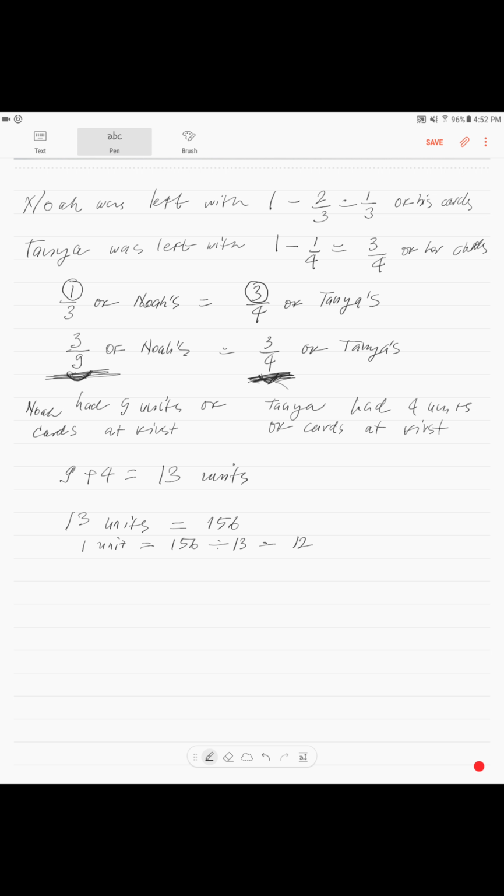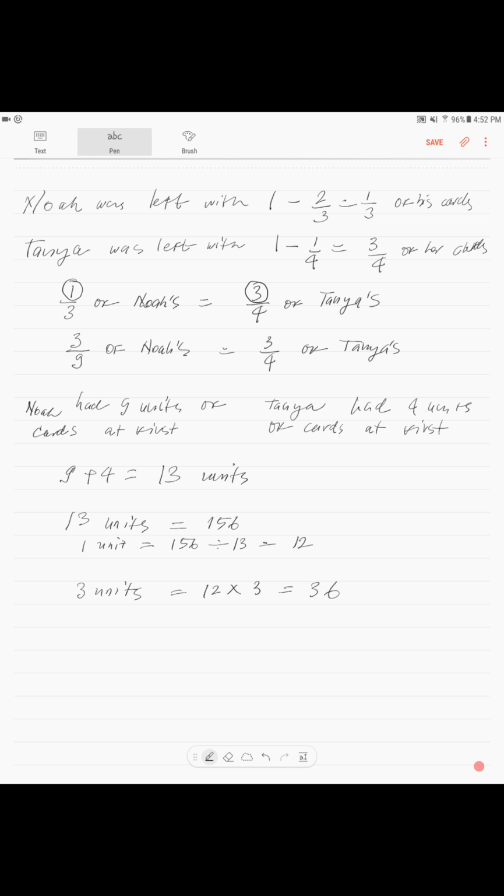But we need these 3 units, right? 3 units is 12 times 3, which is 36.